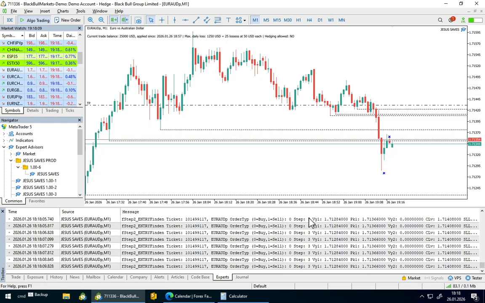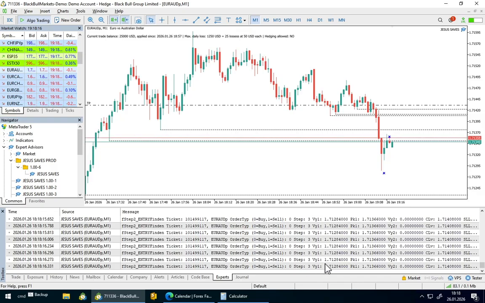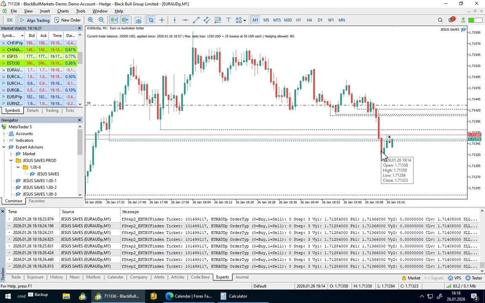And step 3 is he's looking for the second valley. So the first valley is at this price level, 171.284. You can see it here in the pop-up, the low.